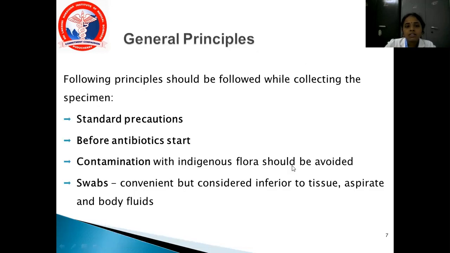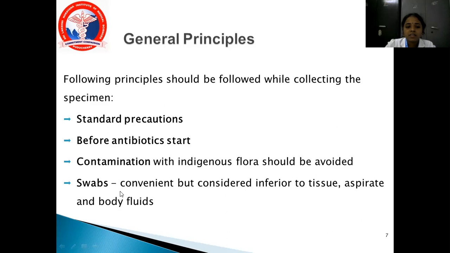What are the general principles you should follow while collecting the specimen? The first thing everybody knows is standard precautions. The specimen should be collected before antibiotics start, and contamination with normal flora should be avoided.